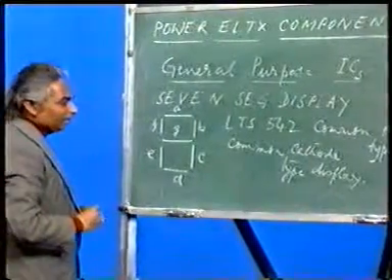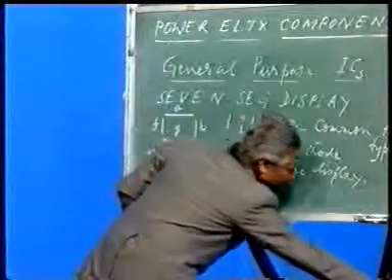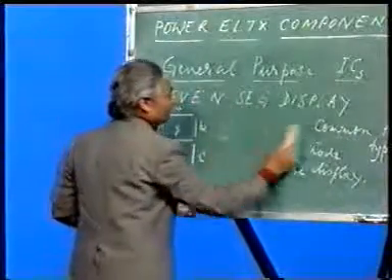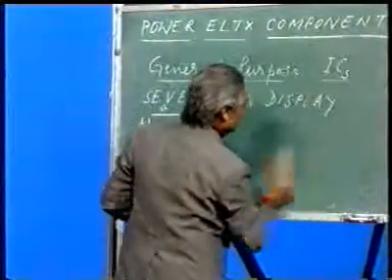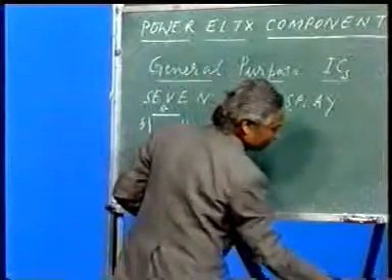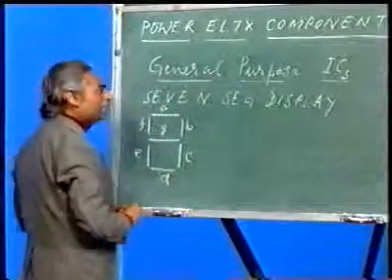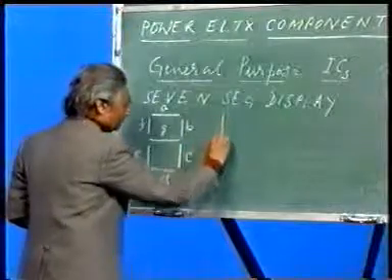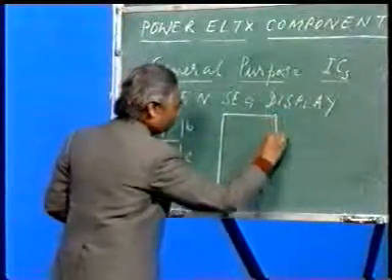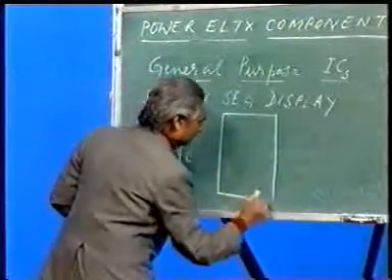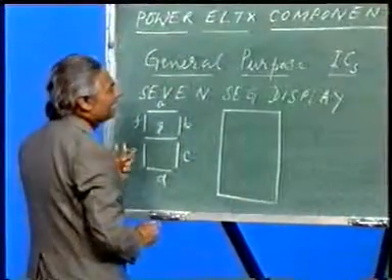Now the numbering is very important. You have to know them very clearly, otherwise you will make an error in connecting them in the circuit. So the numbers are like this. You will find that this is a 10 pin IC.